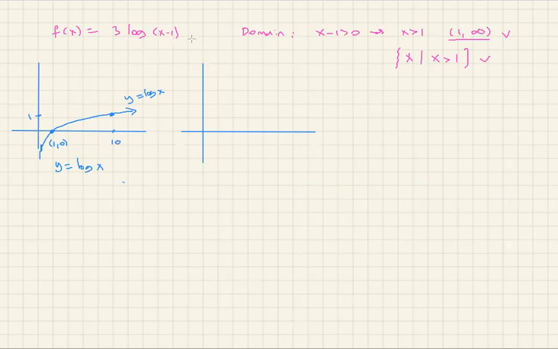Actually, x minus 1 is fine. So if I do x minus 1, it means your graph will be translated to the right by 1 unit. So instead of approaching this line, we are going to approach this next line, which is going to be the x equals 1 line. So let's try to see that as well.